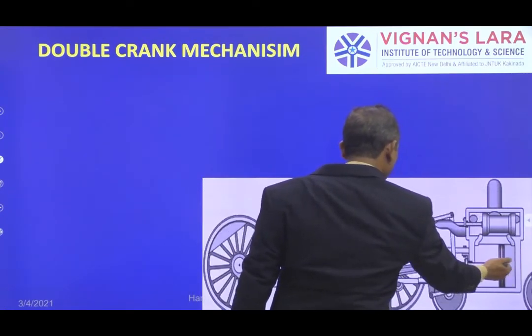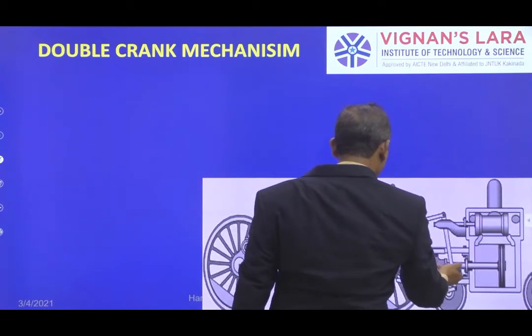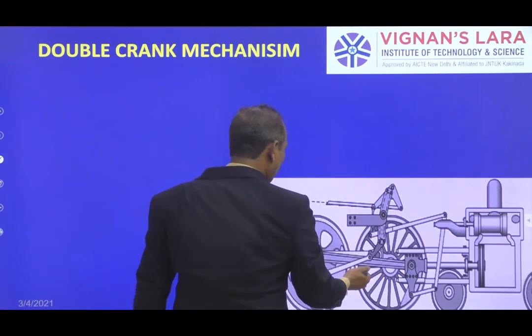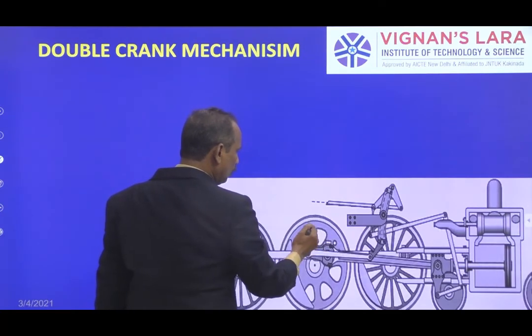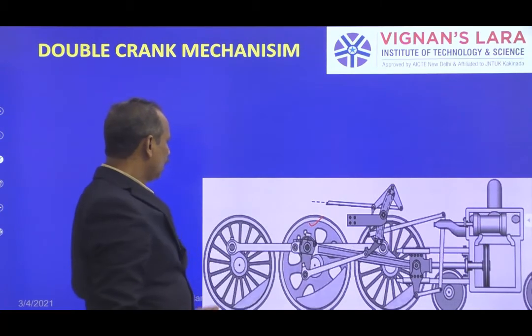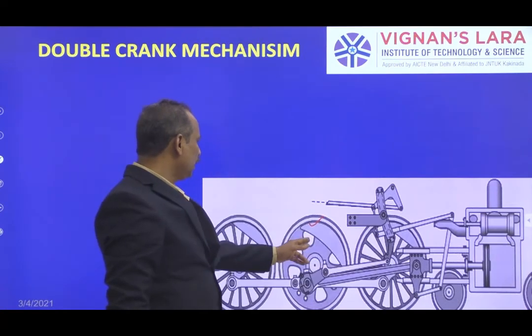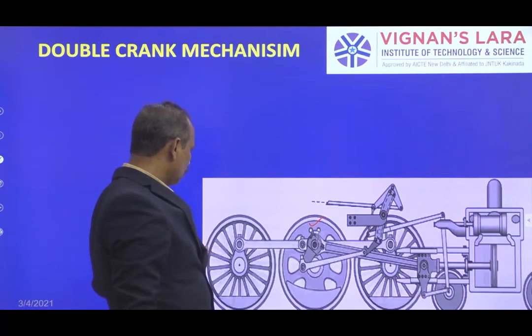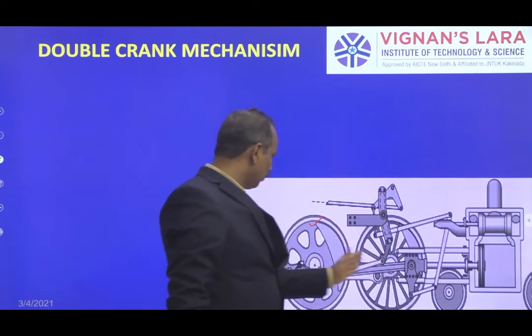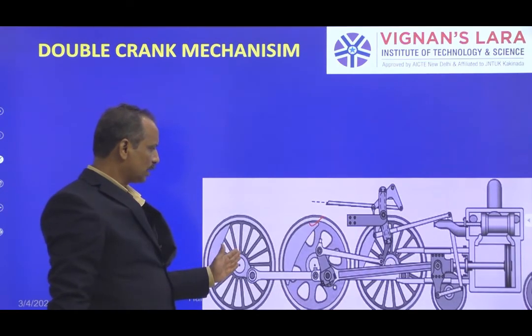You can see here this piston which is reciprocating is giving power to this member, and you are feeding that power to both. Here of course we have shown one front wheel and one rear wheel coupled with coupling rods.